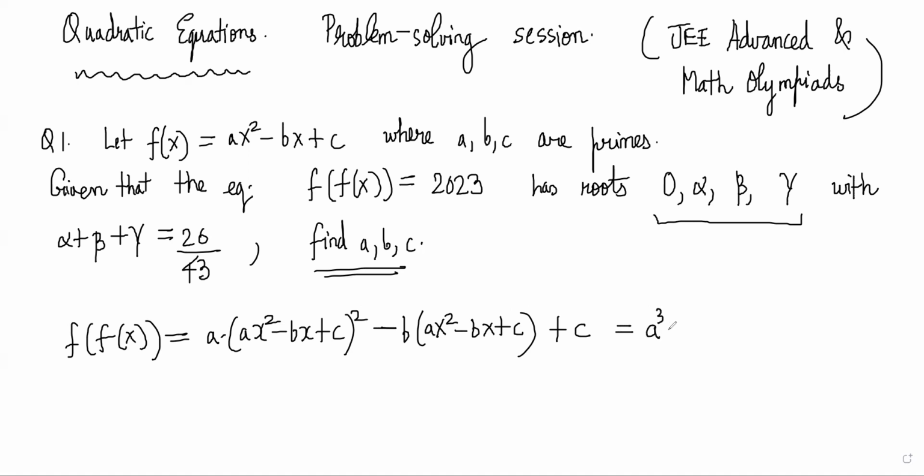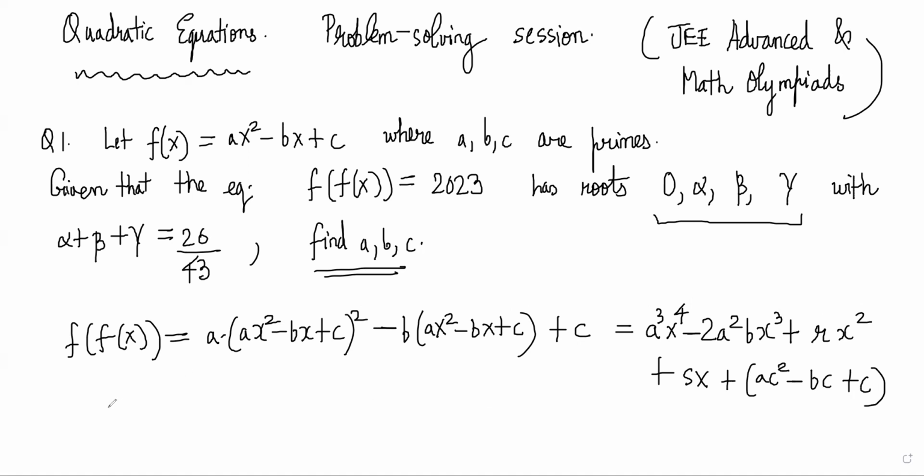When you evaluate this, it will come out to be like this: a cube x power 4 minus 2a square b x cube plus rx square plus sx plus ac square minus bc plus c, where r is a times (2ac plus b square) minus b, and s is equal to b times (b minus 2ac).